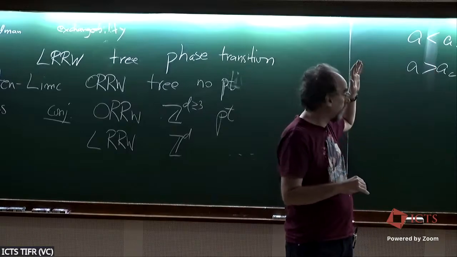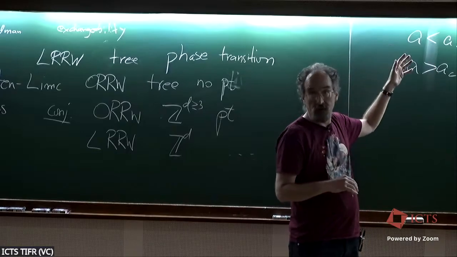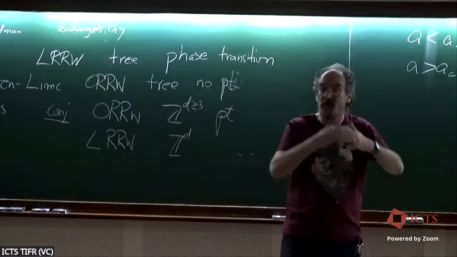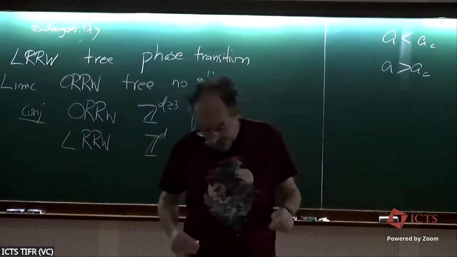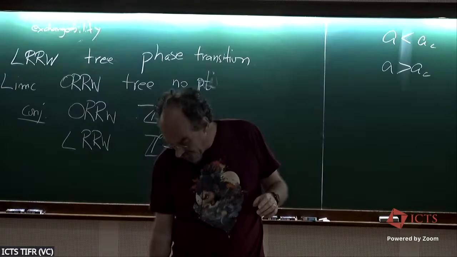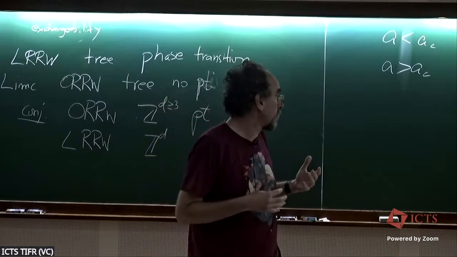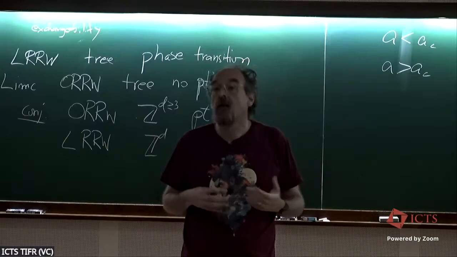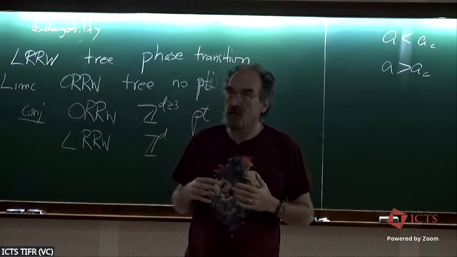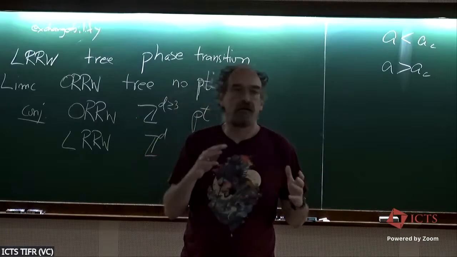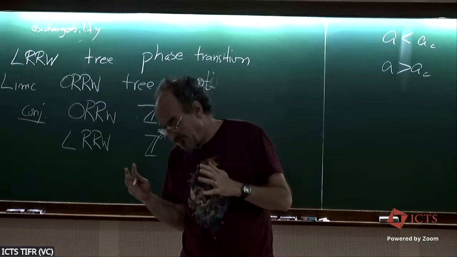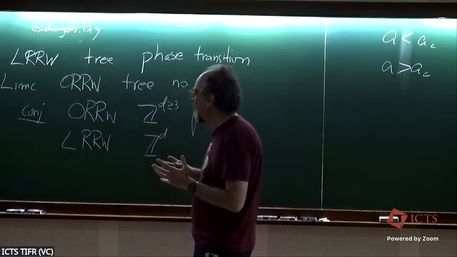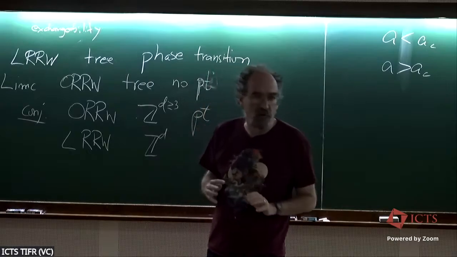It's transient for d bigger than 3 above that critical value. Below that critical value, it's positively recurrent with exponentially decaying return times. In dimension 2, it's always recurrent, etc. So essentially, almost everything is known. There remains the question of the existence of a BK transition, but this is not it.